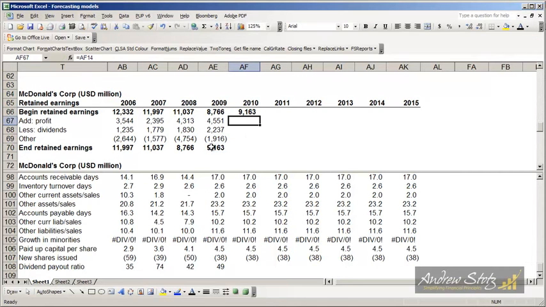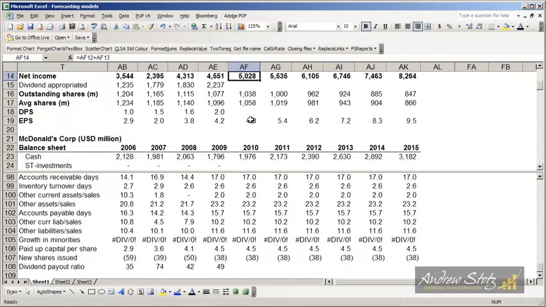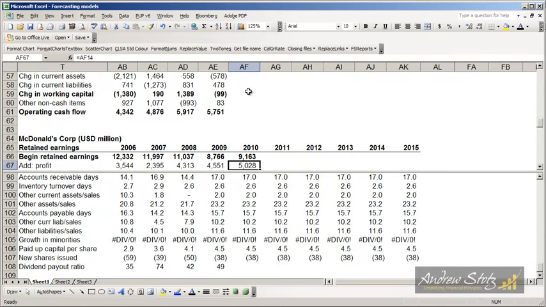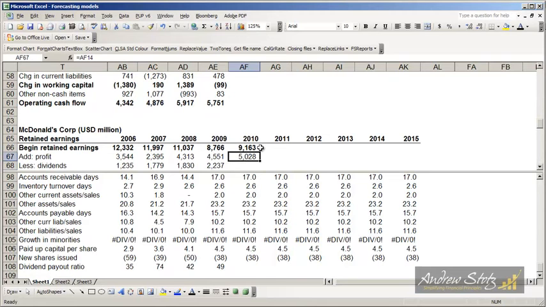So that's all we're doing there. And then all we have to do is pull in the profit from up above. This is coming from AF14. We could double click on it, and that would take us up to the line AF14 5028. We could press F5, and that would take us back to where we were. Those are two shortcuts we use for getting around a spreadsheet. And so we'll have our profit.